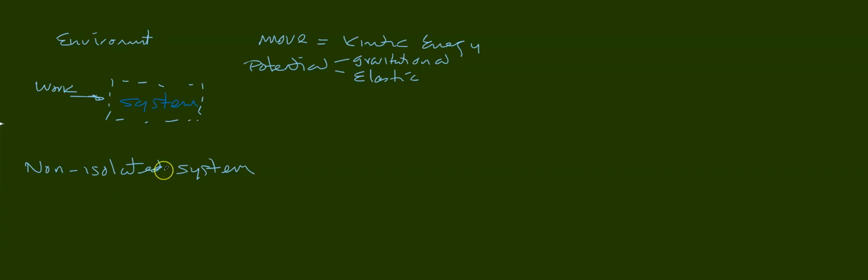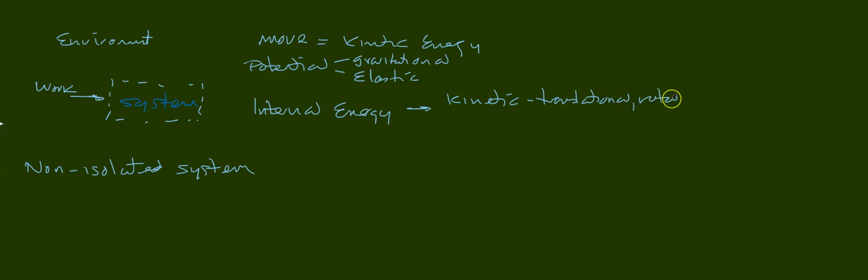And then there is another type of energy that can live within the boundaries of the system, and that's called internal energy. And the definition of internal energy is actually the kinetic energy, which could be translational, rotational, or vibrational, of the molecules of the system.